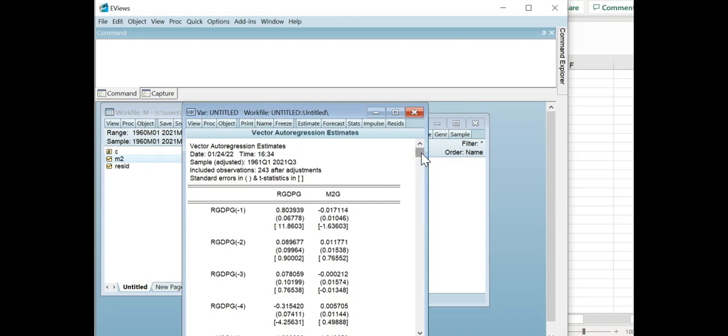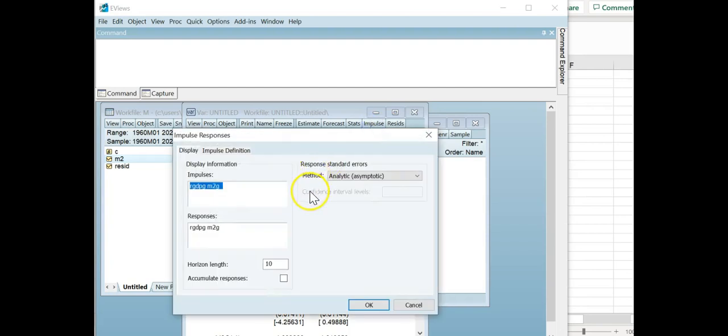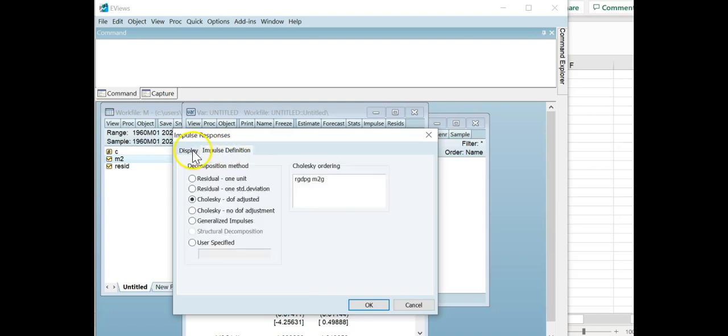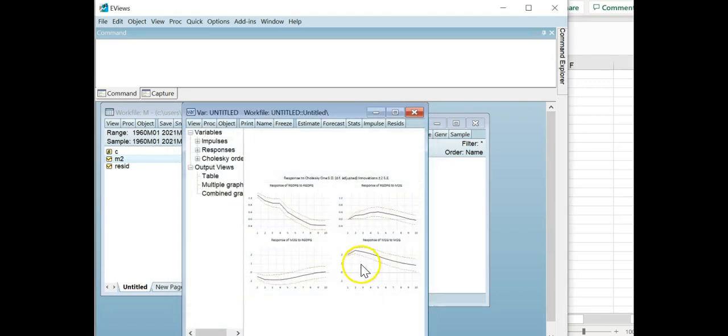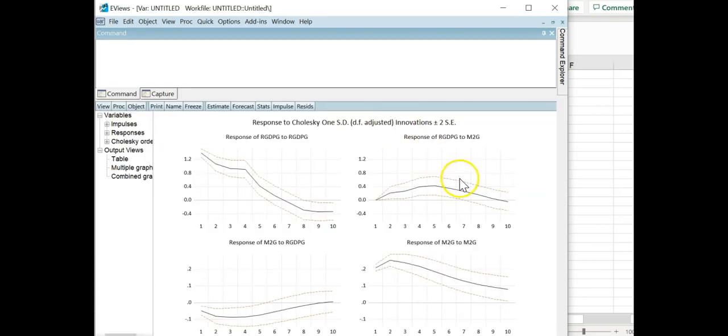But where vector autoregressions really come into their own is first of all with impulse response functions. So what this does is these are graphs. I think the impulse definition. Yeah, we'll start with this one. So these are our impulse response graphs.